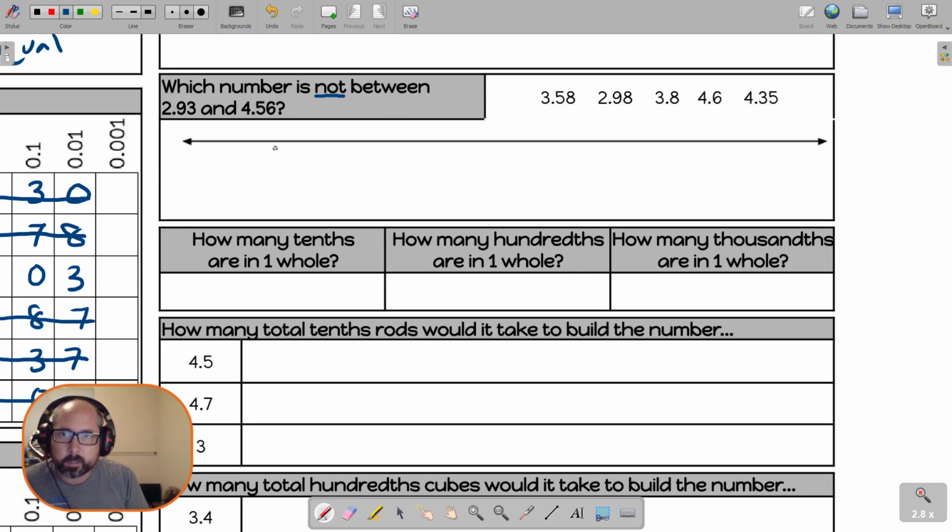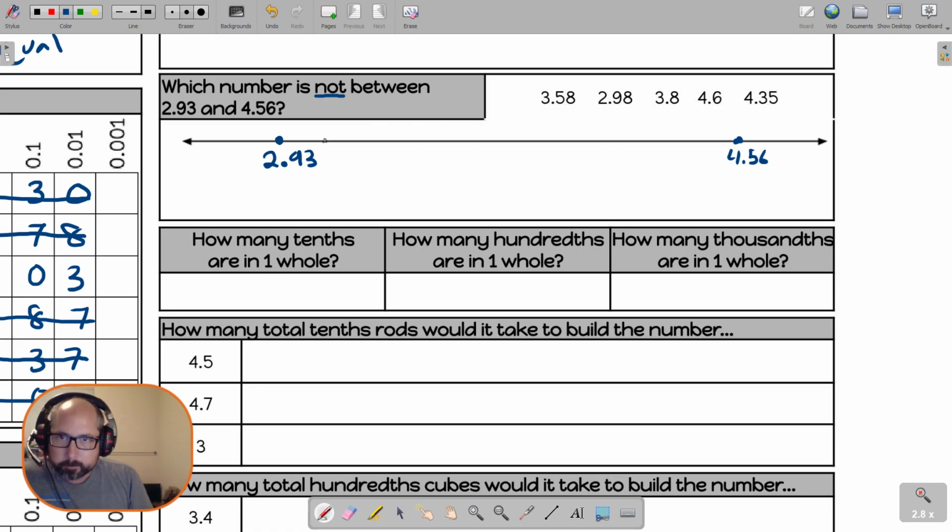So let's get our number line here. And I'm going to write 2.93, 2 and 93/100. And I'm going to put 4 and 56/100 over here. Now, this is not a filled number line for you. I'm just giving myself a place to draw things in.